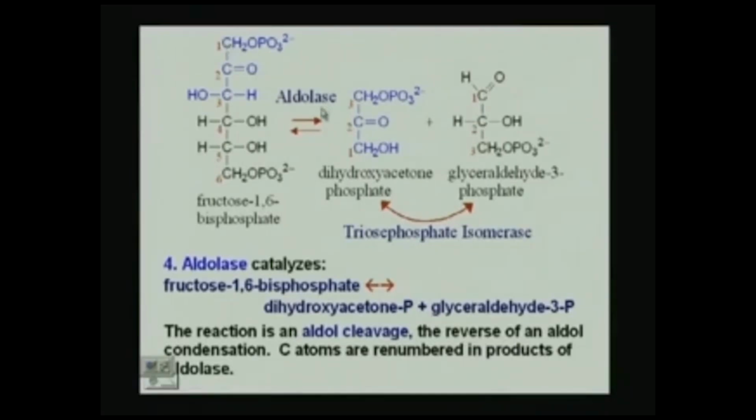We have now an aldolase, which is a reaction that is going to involve aldol cleavage, and there is going to be a reverse of aldol condensation, which means you are going to have a break at this position here, where we are going to have the formation of 2 3-carbon units. One of them is dihydroxyacetone phosphate. If you look at this, this is acetone, CH3, CO, CH3 is acetone.